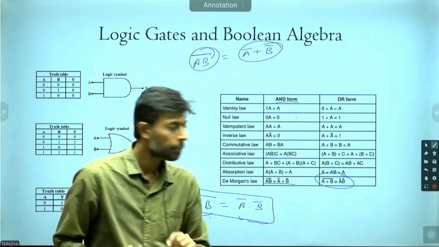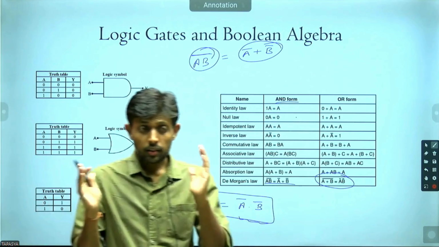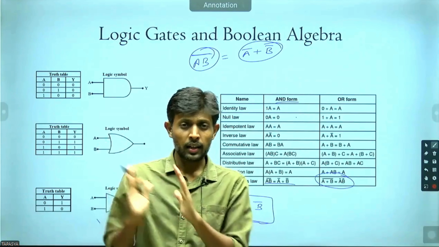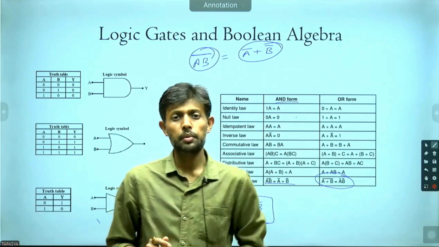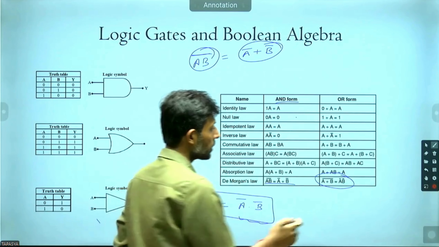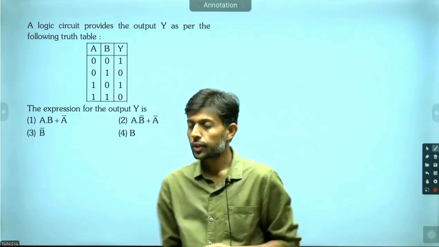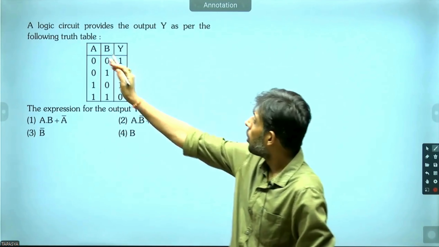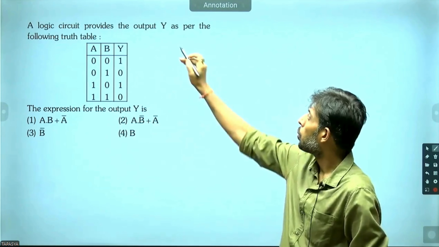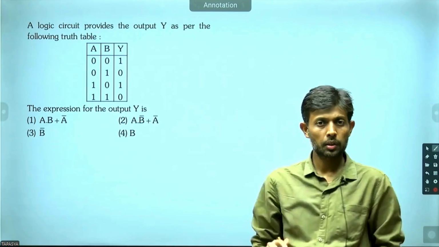Okay? Now, whatever we've learned here, let's try to apply it to a problem which again came in the NEET exam last year. Let's do that. Okay, so here's the question. It says, a logic circuit provides the output Y as per the following truth table.